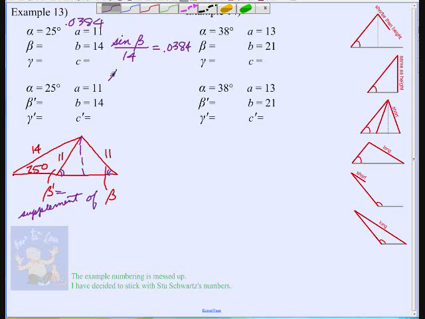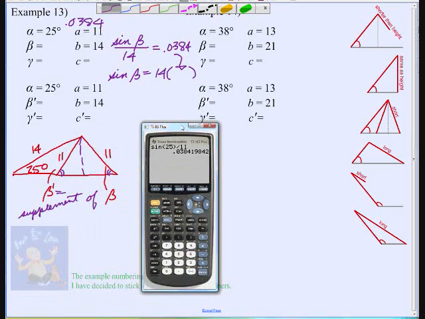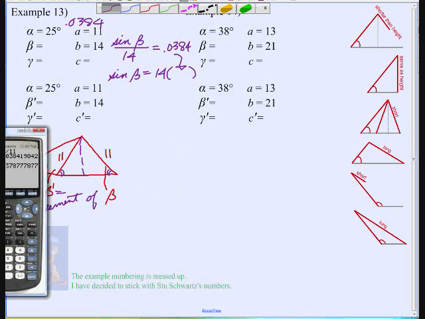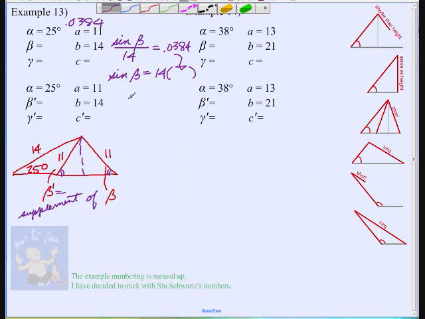Or as we know, we could simply say the sine of B equals 14 times this ratio. So we've got the ratio sitting in our calculator, times 14, 0.537878.